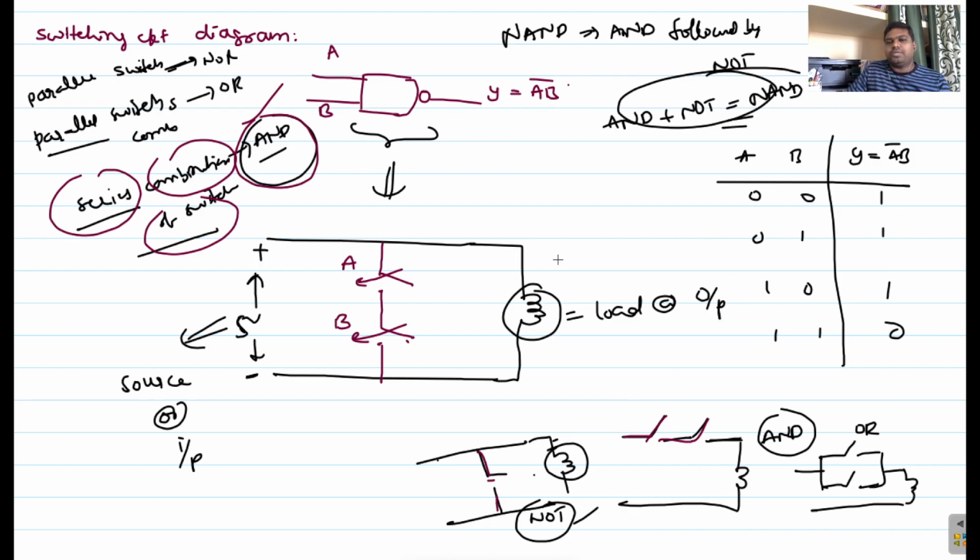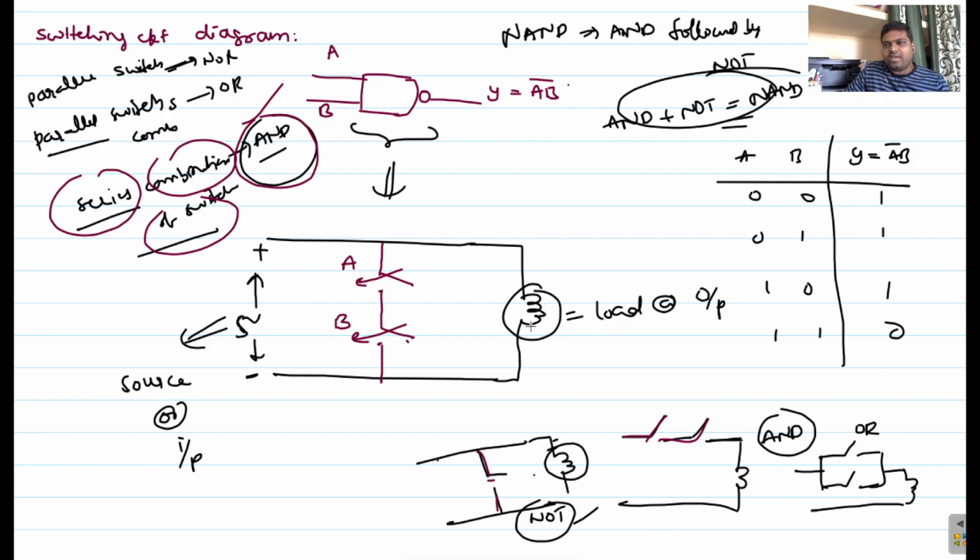Okay, once you check whether it is satisfied or not. One simply says if both the inputs, that means if both the switches are closed, then the output will become logic 0. Why? Because if these 2 switches are closed, then the current will choose the minimum resistance path only.